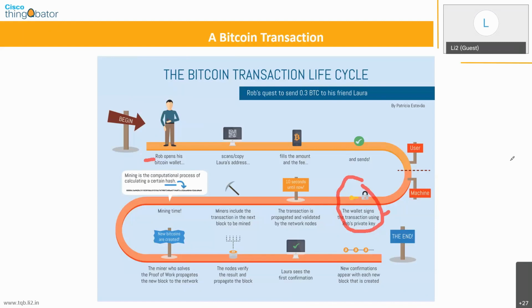The moment one of the miners is successfully able to put the transaction in with a bunch of other transactions, create a Merkle Tree hash, create the new block and put it into the blockchain, he will send the new block to the rest of the nodes in the network ideally. And the moment 6 nodes accept that new block, Laura will receive a transaction confirmation. She will receive a confirmation that she has received 0.3 BTC.